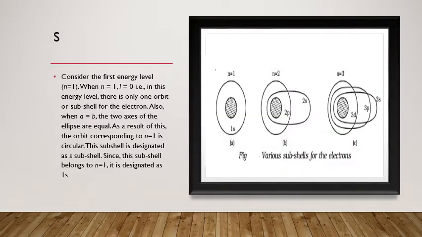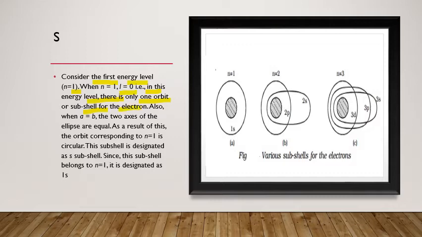So let us understand the Sommerfeld model of the atom. Consider the first energy level, that is n equals 1. The subshell value l equals 0. In this energy level, there is only one orbit or subshell for the electron.